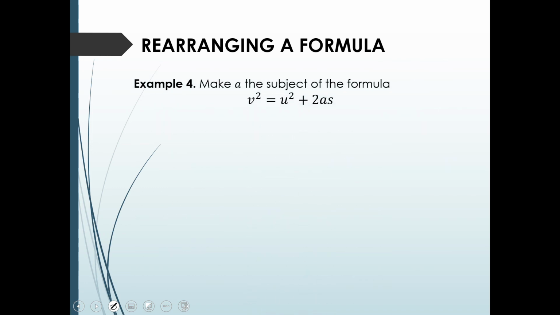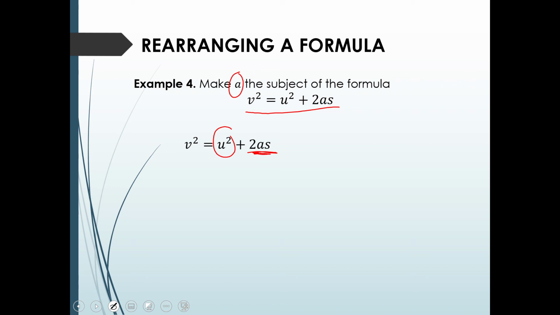Okay, let's have example number 5. Given this, we want a to be our subject. First, you cannot remove this directly. First, you need to remove u squared. How can you remove u squared on the right side?